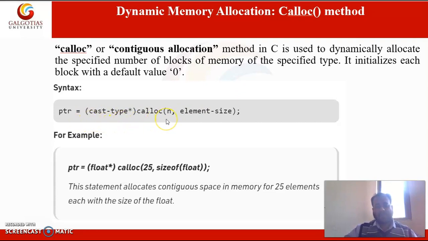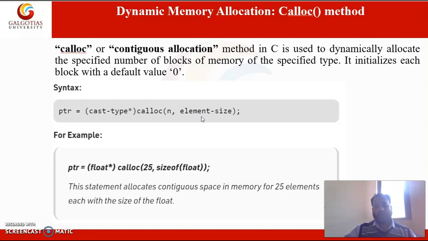Here in the syntax you can see we are passing 2 parameters to the calloc method, but in the malloc method we were passing only 1 value. So these are the basic differences between malloc and calloc methods.